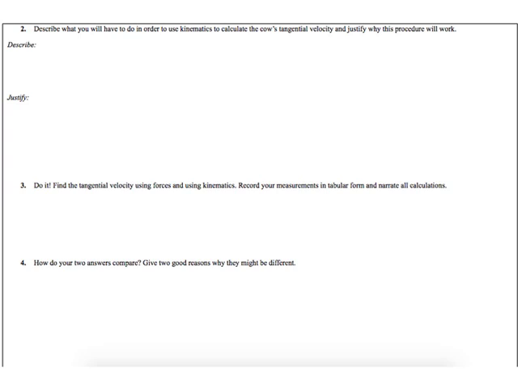Alright, and then for the kinematics, the velocity is equal to 2 pi r over t, where remember r is radius, t is the period or the time it takes to do one rotation.